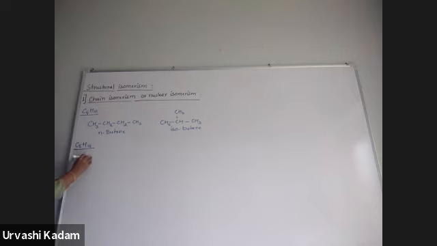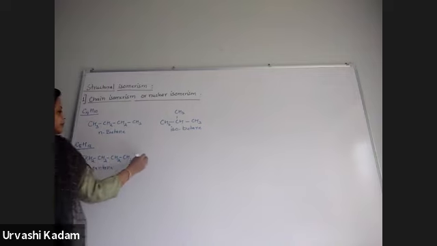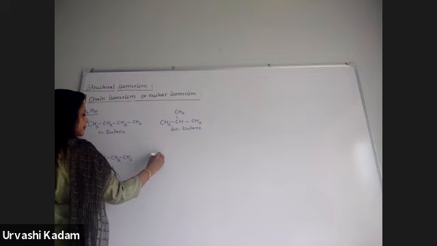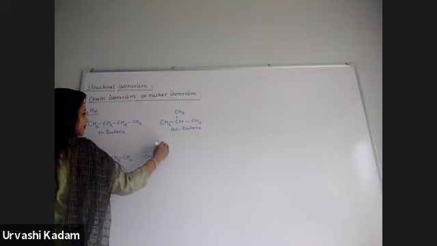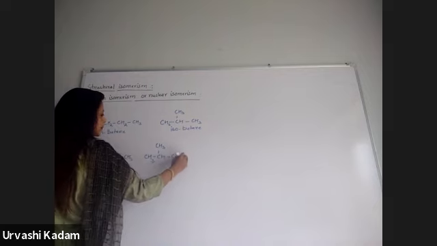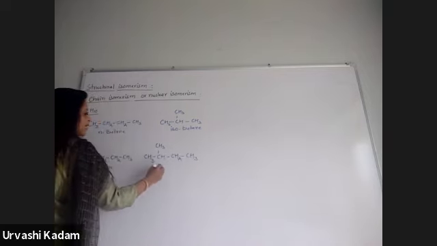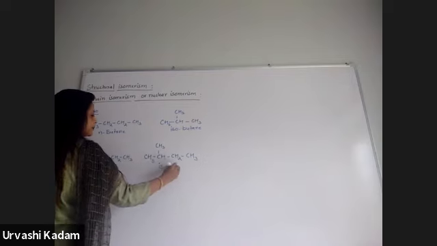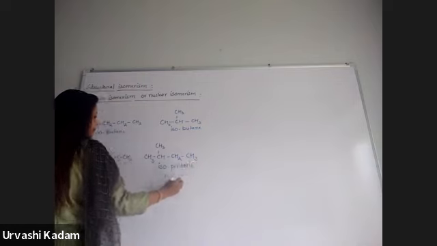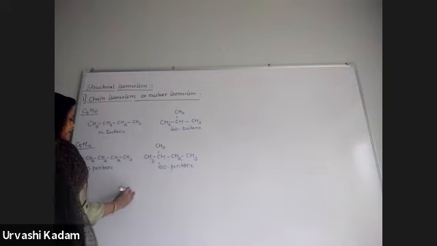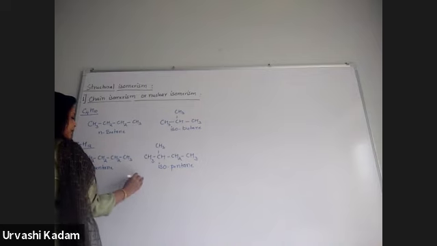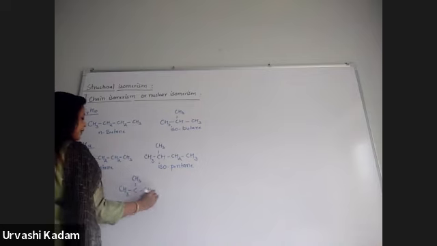So you can have 5 carbons in a straight chain, n-pentane, isopentane, and neopentane.